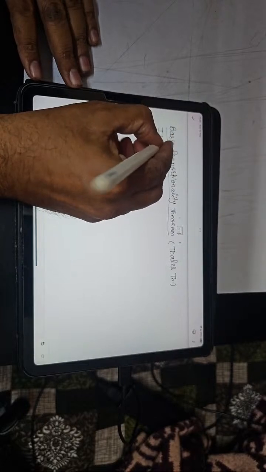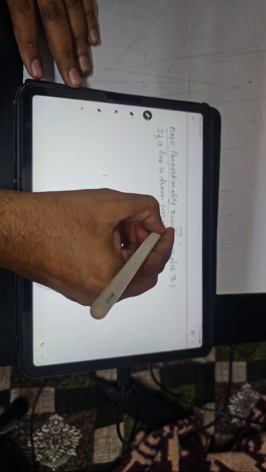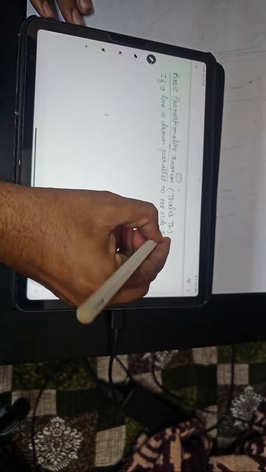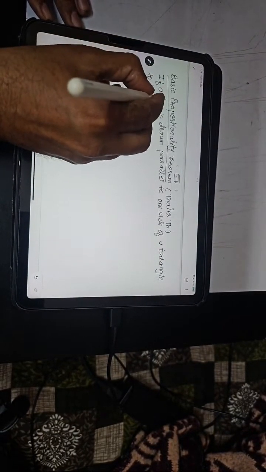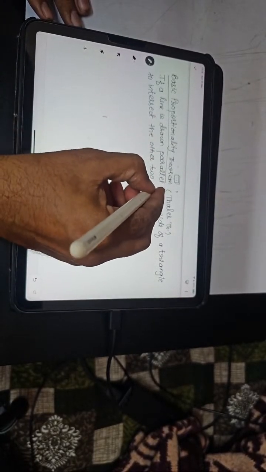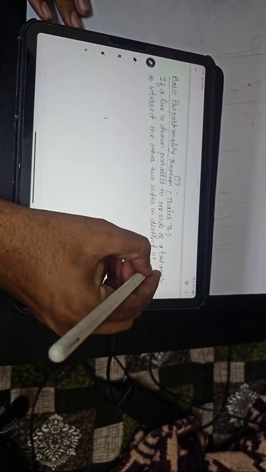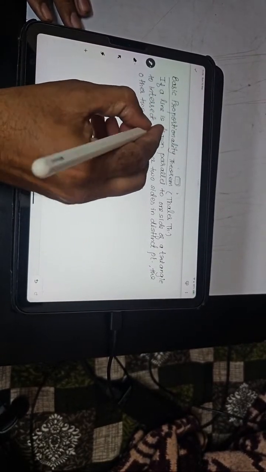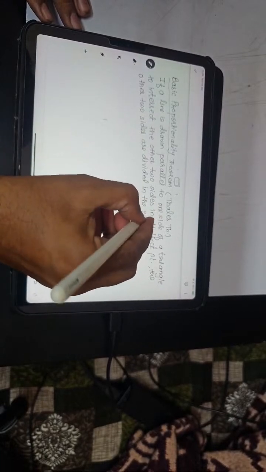If a line is drawn parallel to one side of a triangle to intersect the other two sides in distinct points, the other two sides are divided in the same ratio. Now what does that mean?